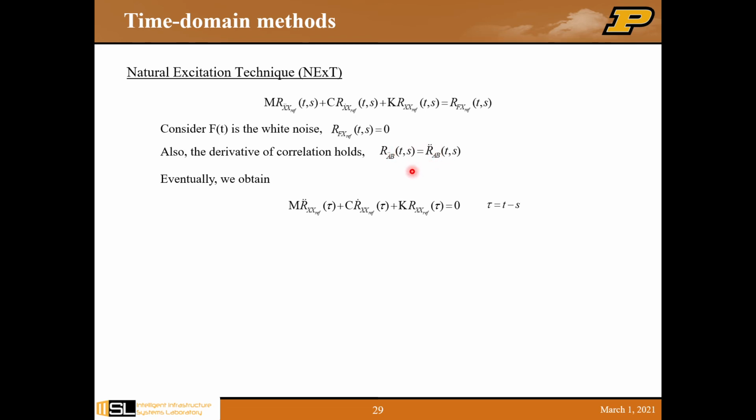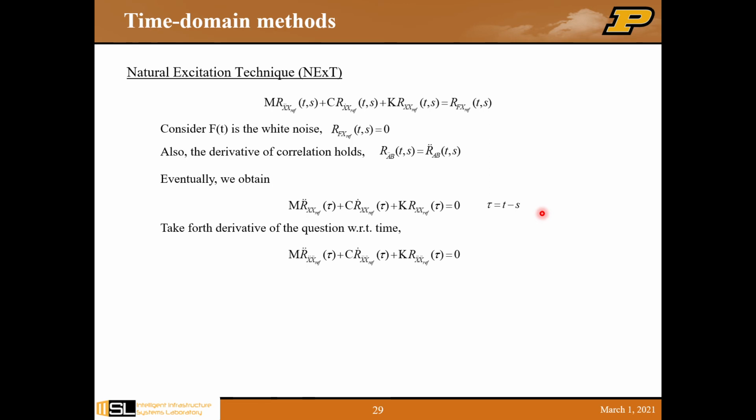So eventually we obtain this equation of motion here, where the derivative corresponds to the correlation of the displacement measurement, and tau is equal to T minus S.